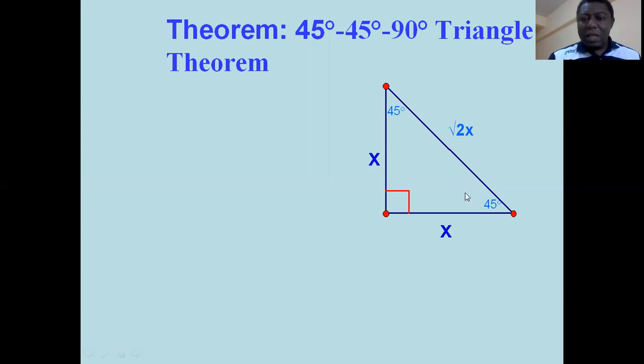45 degree angles. Here 45 degrees, here 45 degrees, and here we have 90 degrees. It's a right angle triangle. But the special thing here is that these two angles of the triangle are the same.